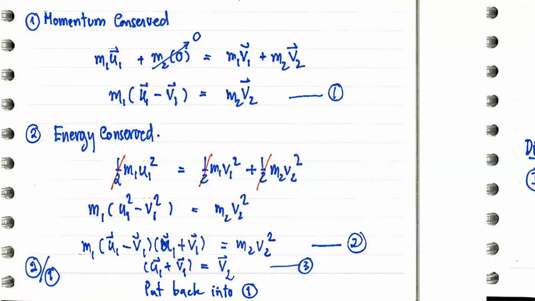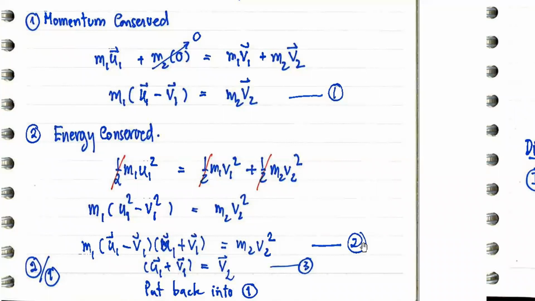Because it is one dimension, you can drop the vector sign on the first equation. And the second equation, you can break it up because u1 squared minus v1 squared is like y squared minus x squared. You can break it into (u1 minus v1) times (u1 plus v1) equal to m2 v2 squared. This is the second equation.